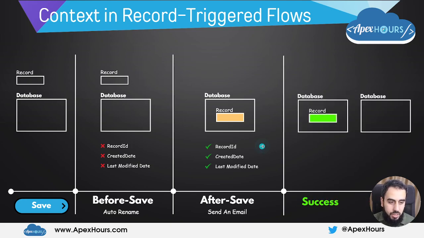Then after this after save flow runs, one of two things is going to happen. Either everything is successful from before save and after save, then the record is committed to the database. You're going to see these two terms in Salesforce documentation. If you were reading what happens after save in after save flow, it's going to say the record after save is saved to the database but not committed yet. If it is successful, then it gets committed to the database. If it fails, then it gets rolled back from the database.